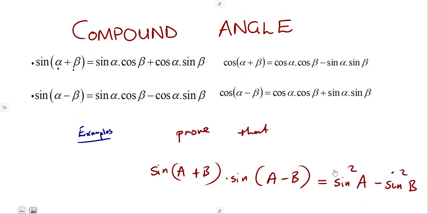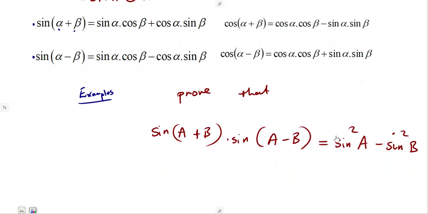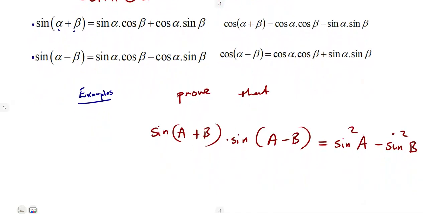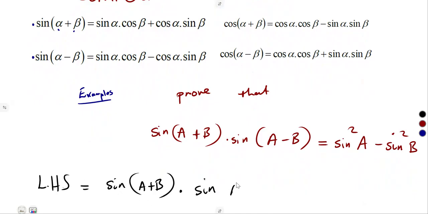So it would be wise to choose the left-hand side, where I have the sine of a plus b times the sine of a minus b. I'm supposed to show that it gives exactly what I have on the right-hand side.